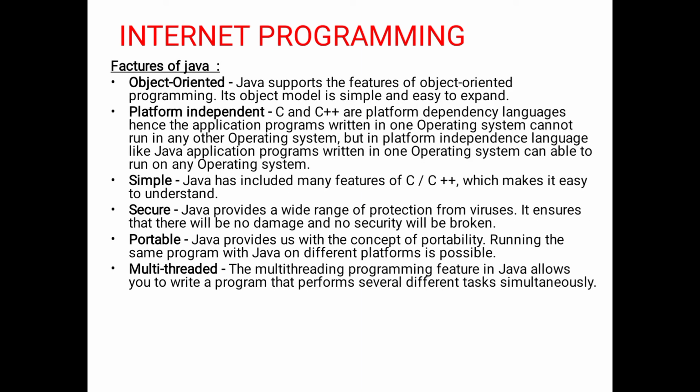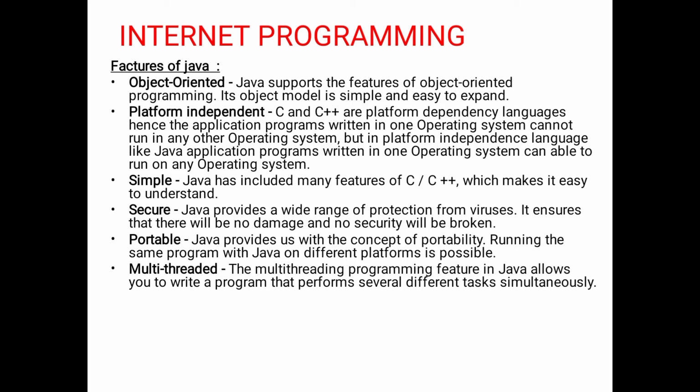So coming to the features of Java, there are several features of Java. The first one is Java is object oriented, the second one is Java is platform independent, and the third one is Java is very simple when compared to other programming languages. Java provides security, and it's portable and multi-threaded.